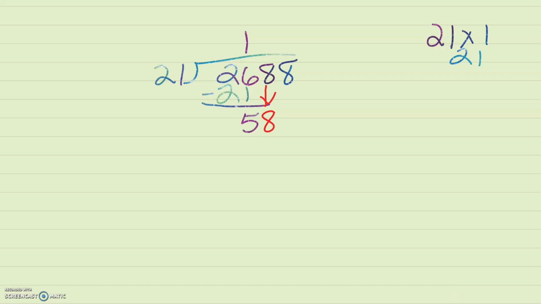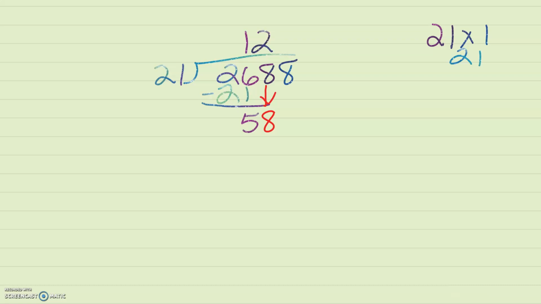How many times can 21 go into 58? If you remember from the last time, 29 went into 58 two times, so we know this one can go in there at least twice. 3 times would be about 60, which is too much, so let's try 2.